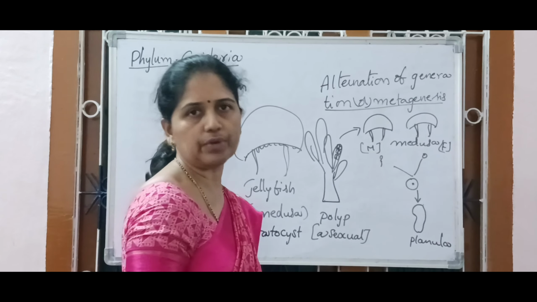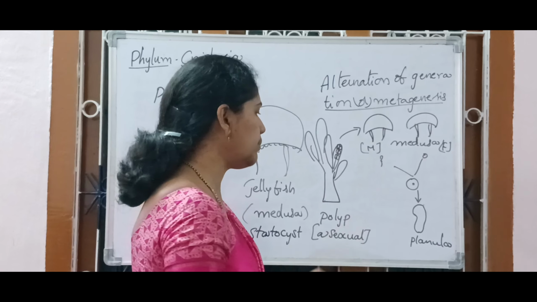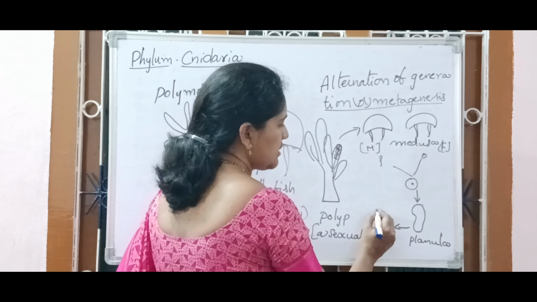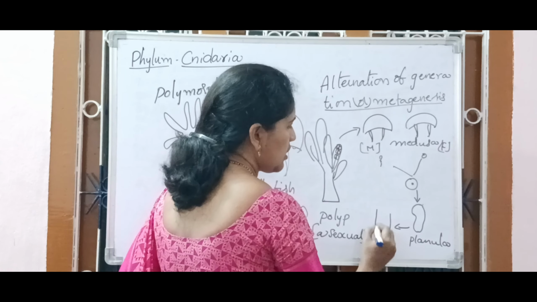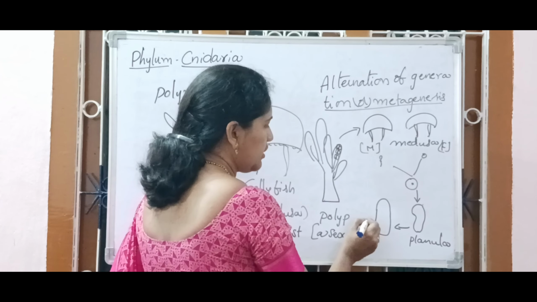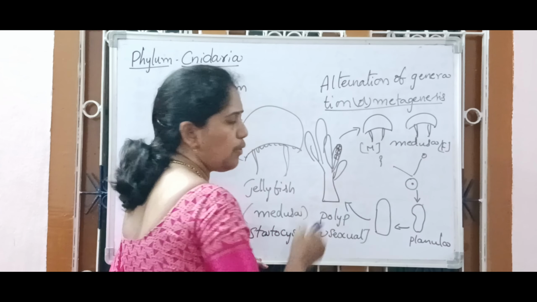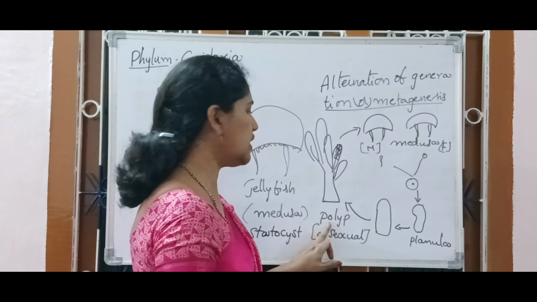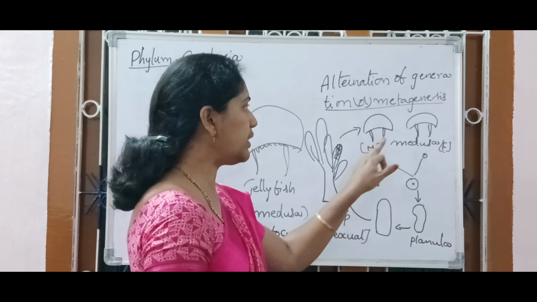This planula is free swimming. It swims for some time. Later, it becomes sedentary or sessile, that is, it attaches to the substratum. After that, it becomes a mature polyp. Here if you observe, the polyp is undergoing asexual reproduction and forming the medusa.